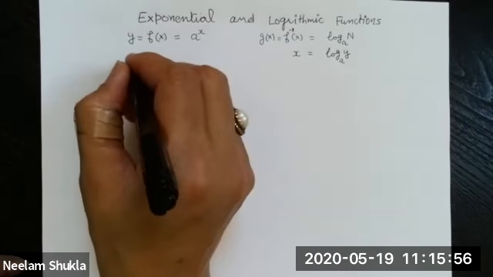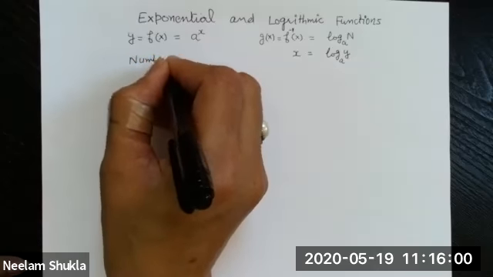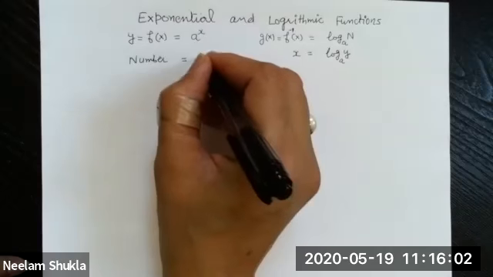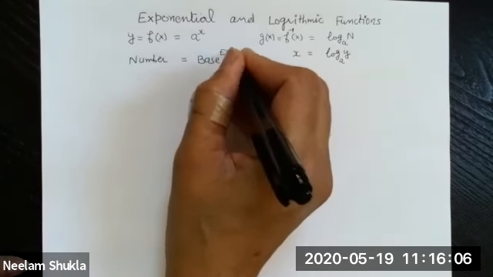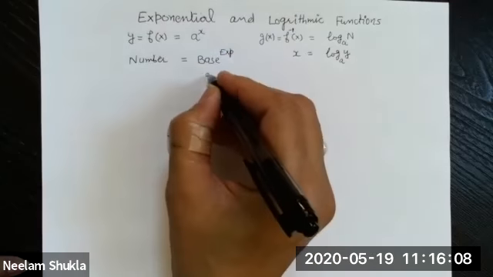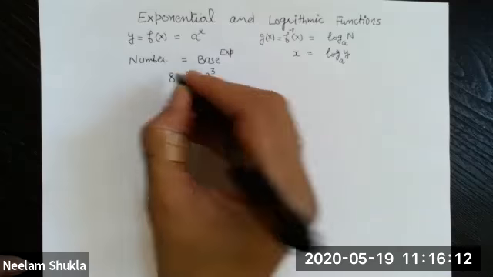It will be easy to understand if you write it as number is equal to, when you do an exponent to some base. For example, 2 raised to power 3 gives you number 8.